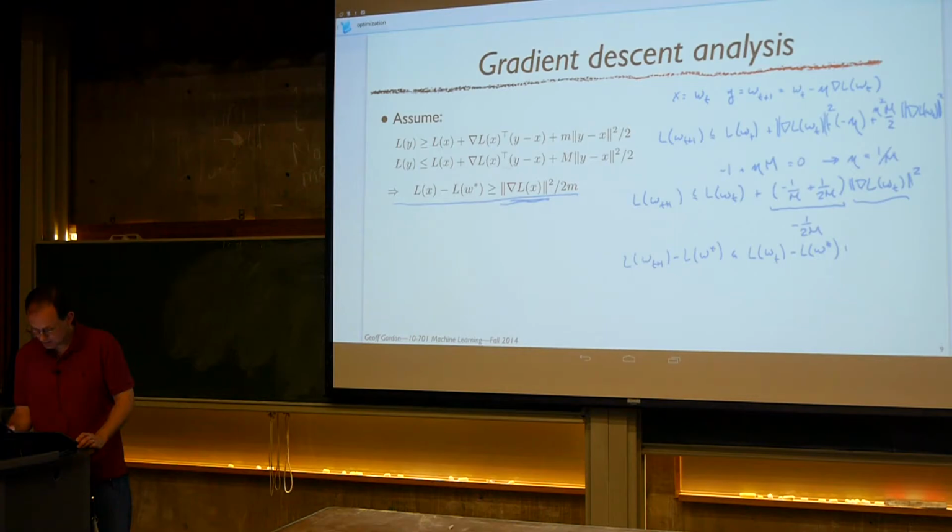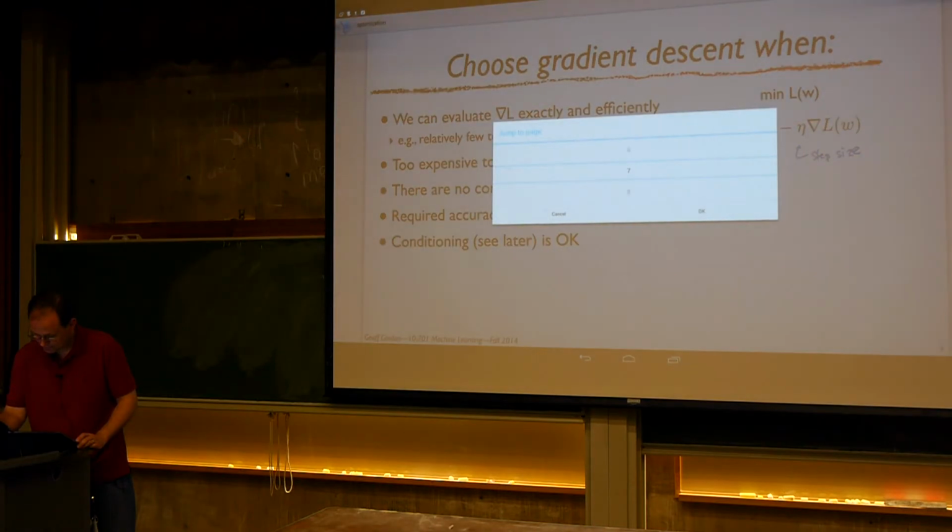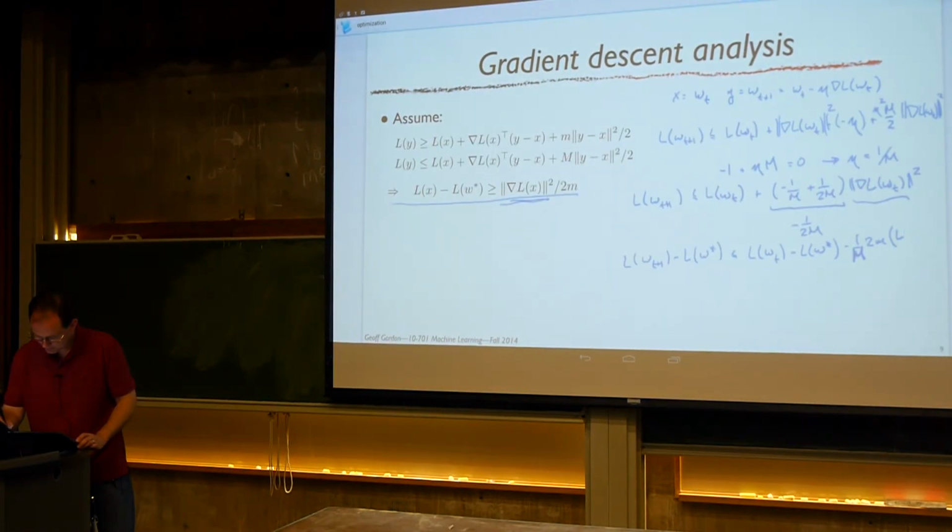This is minus 1 over 2 big M times, where this is a big M and that's a little m there, times L of Wt minus L of W star.